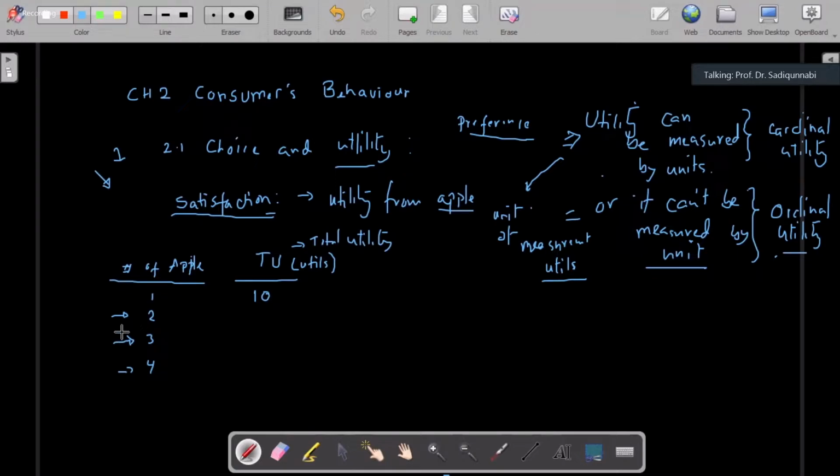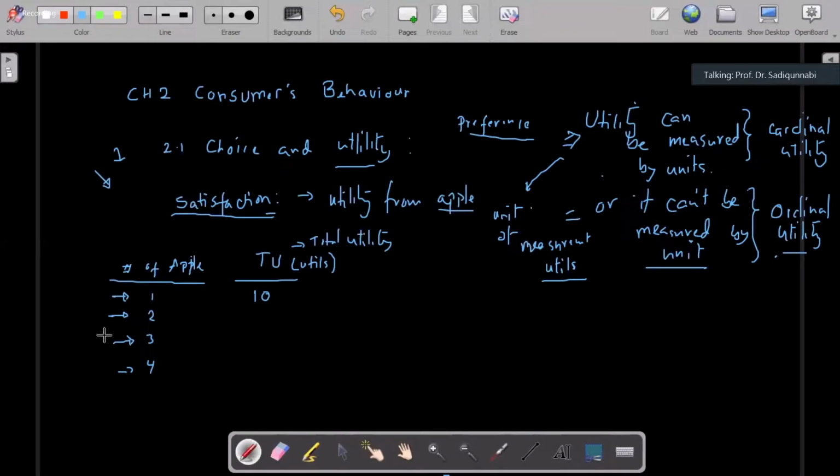Because from the first glass, you have already nourished yourself, and thirst is less now. The second glass, you say I already have had the first glass, so the second glass will give you less utility.